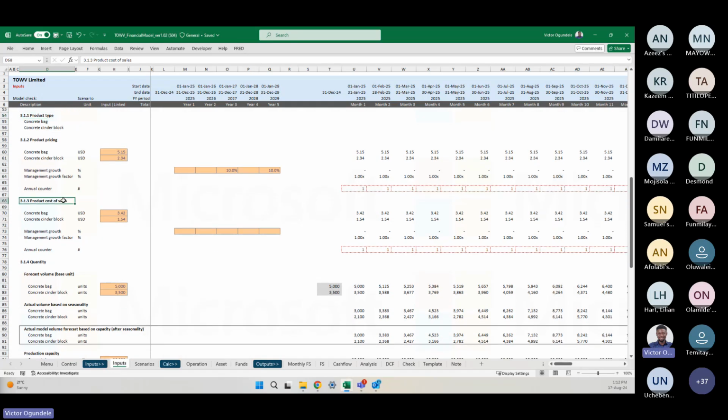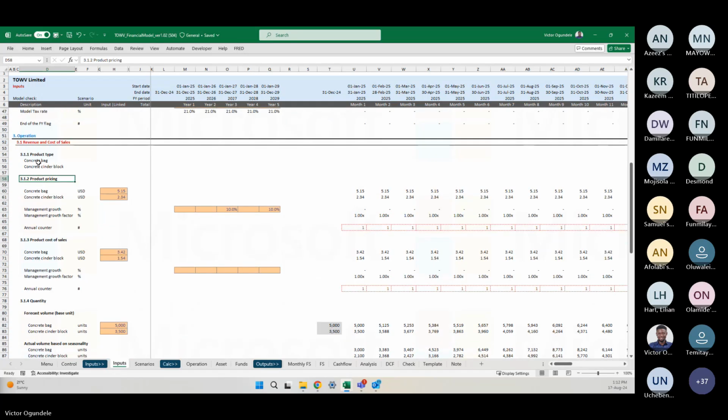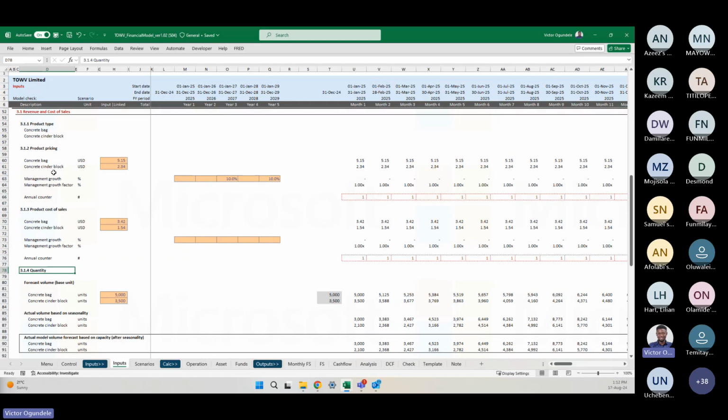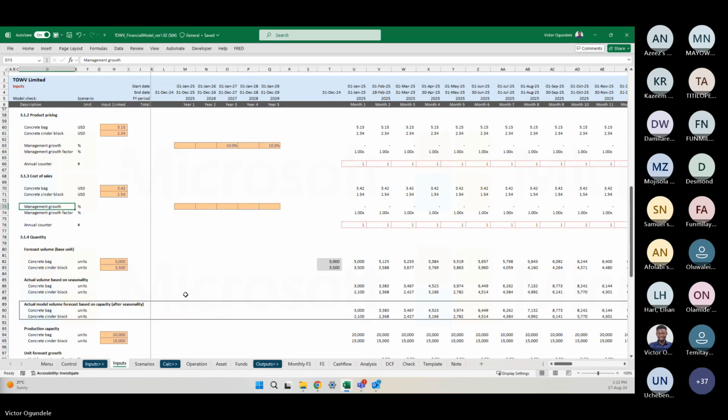So cost of sales. Yeah. So we have the product type name, the product pricing, product cost of sales, and quantity. But maybe instead of calling this product cost of sales, let's just remove the product name and just call it cost of sales.